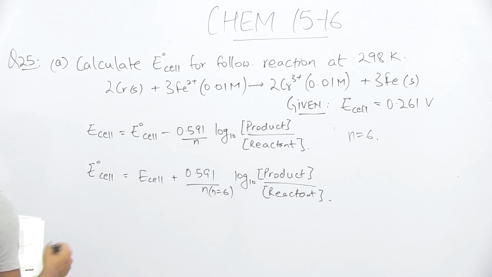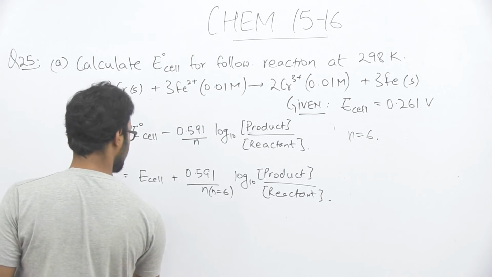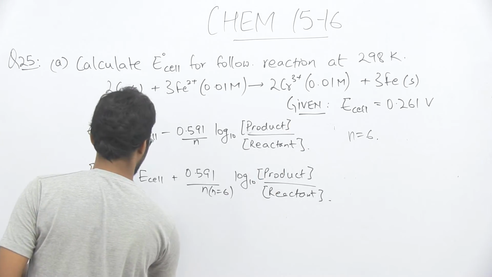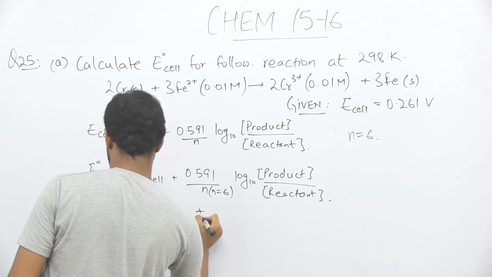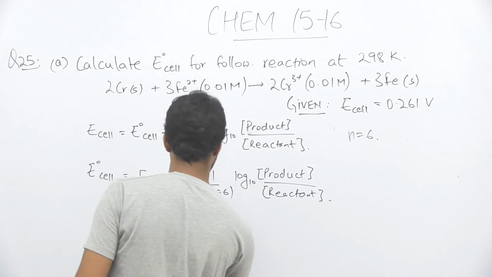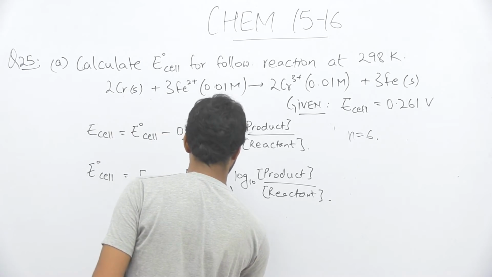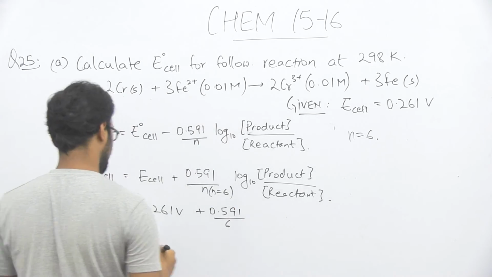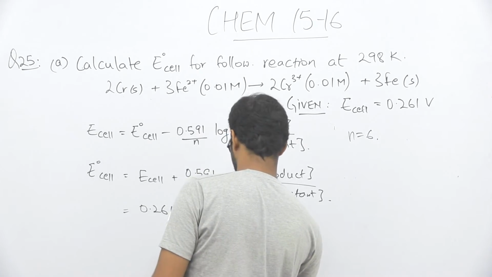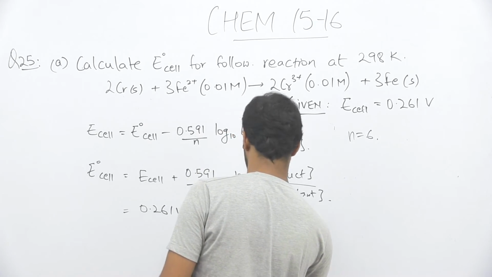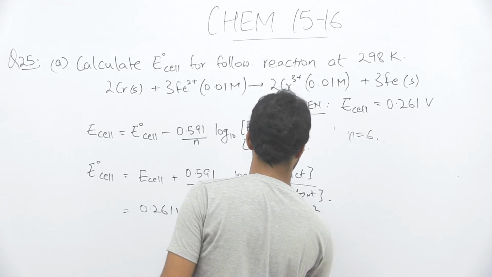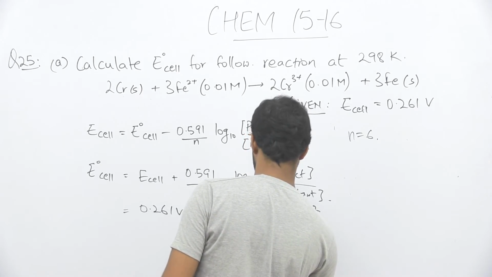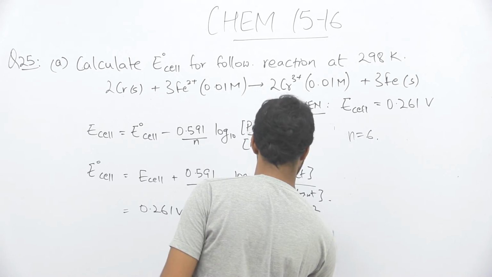So we can put the values here. E of cell is given as 0.261 volt plus 0.591 divided by n, that is 6, into log to the base 10 of 0.01 raised to power 2 over 0.01 raised to power 3.